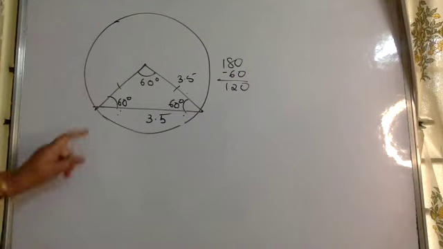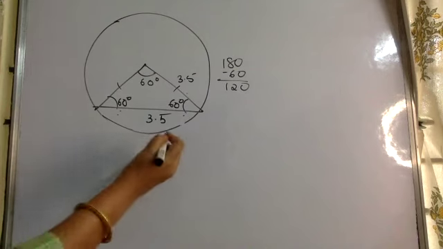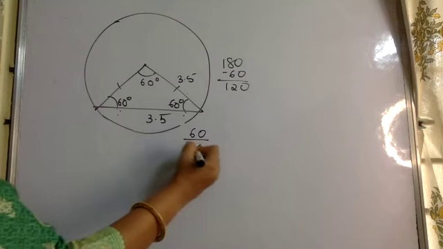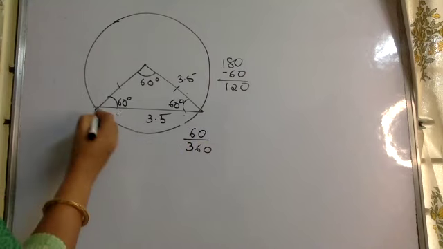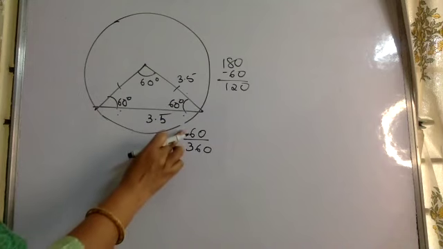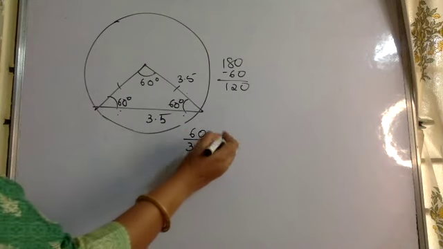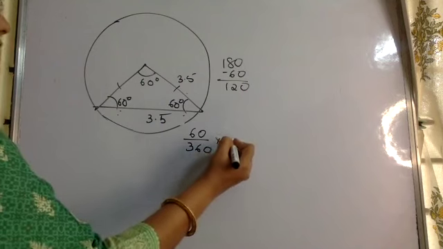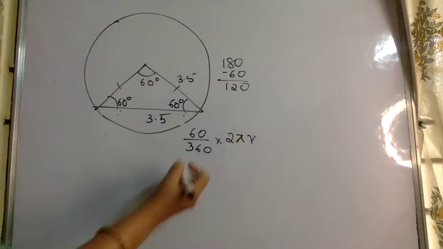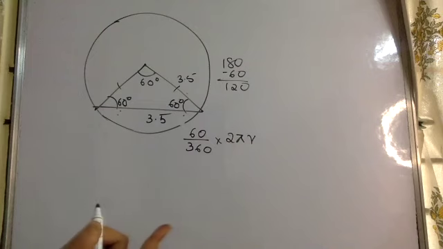Now they want this arc length. So like the previous sum, we will take 60 on 360, because this is the ratio of the angles. In the same ratio, we take this fraction of 2 pi r, and r is equal to 3.5, right?